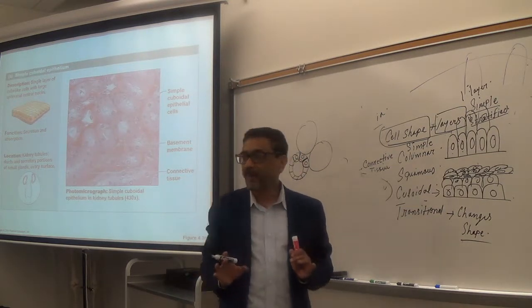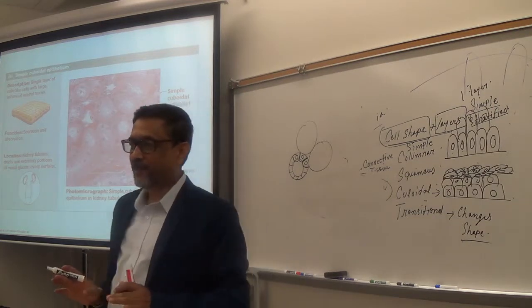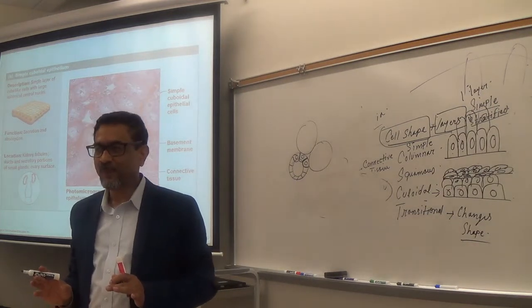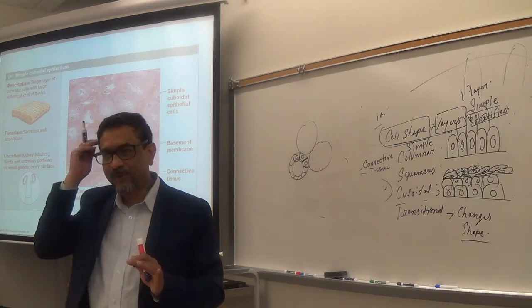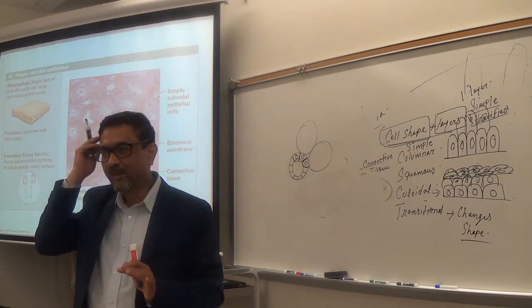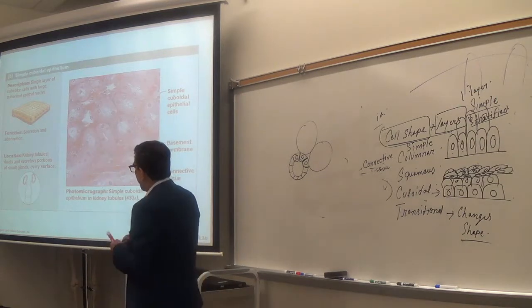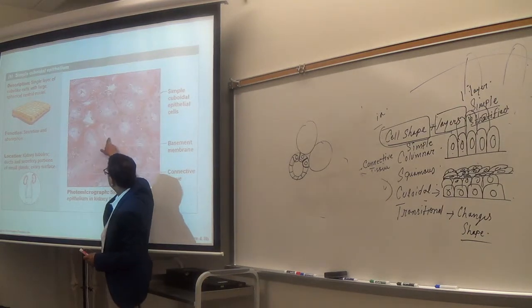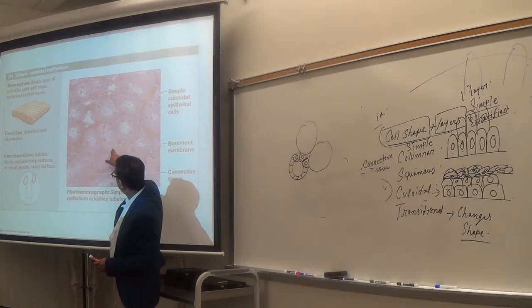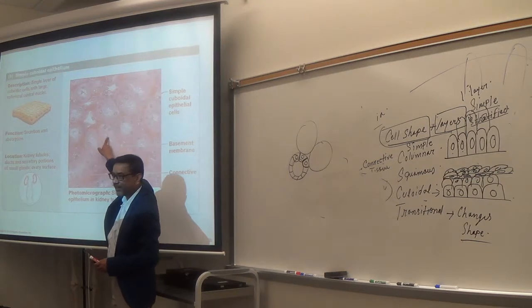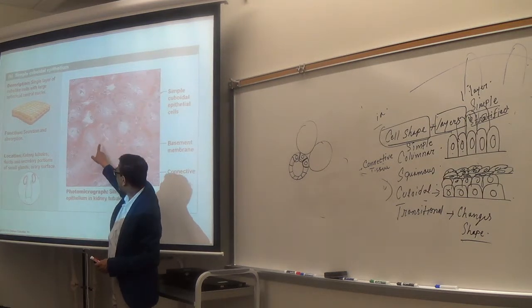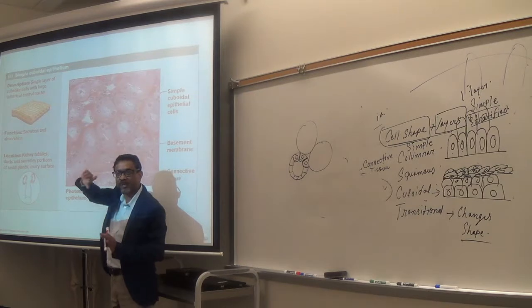The problem under the microscope is that it is not that easy. When you see things under the microscope, it's very complicated. So you have to use your brain. If you look here, in some cells the boundaries are not clear, but at least find one good one. This one has clear boundaries. See that? The rest are similar, the same type of cells.